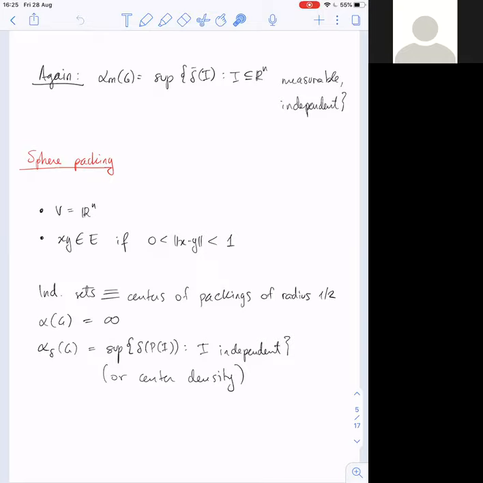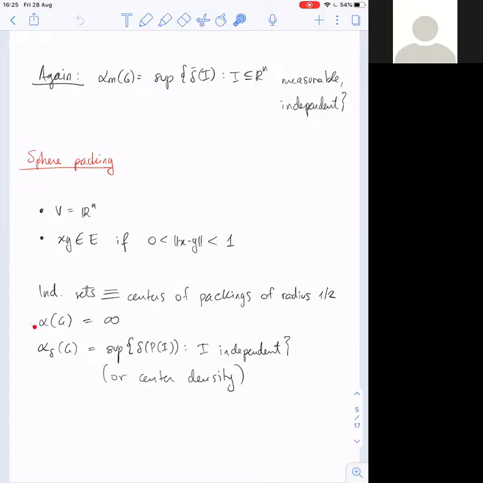And finally, you have the sphere packing problem, where the vertex set of the graph is R^n, and two vertices are adjacent if they are close together. So if the distance is greater than 0 but less than 1, then the independent sets of this graph correspond to centers of the spheres in a packing of spheres of radius 1/2.